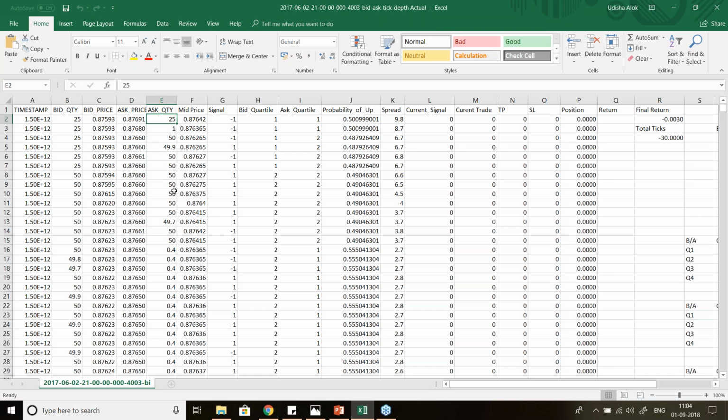I'll just briefly explain what I do. In this model, I have taken the same data for building the model and also to make a prediction.